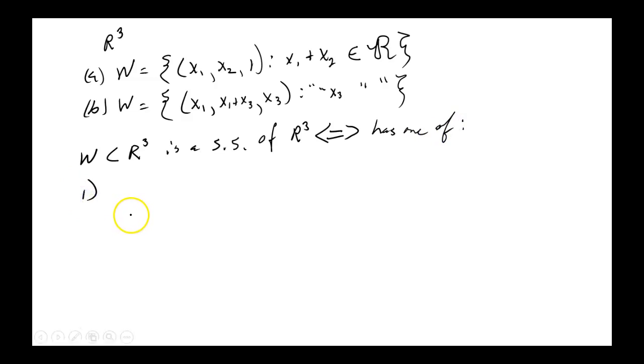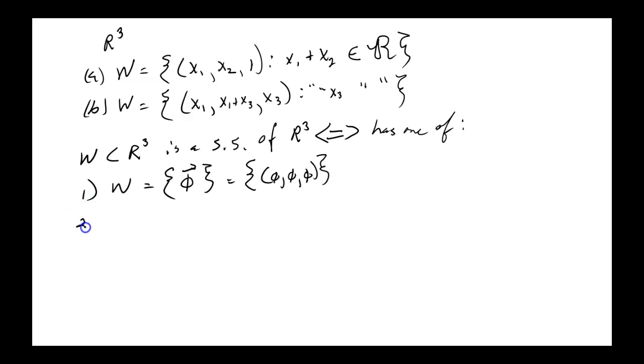It's only the single point (0, 0, 0). W would be equal to the set of only the zero vector, (0, 0, 0). At one point, it's closed under addition, multiplication, and it contains a zero vector because it is the zero vector.